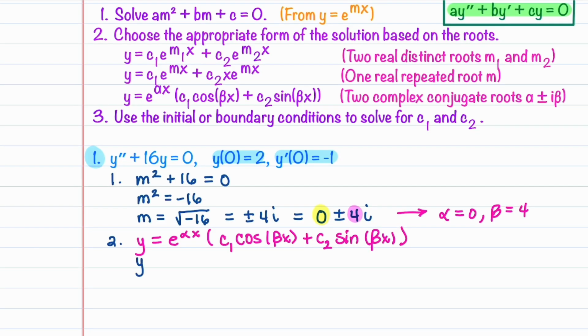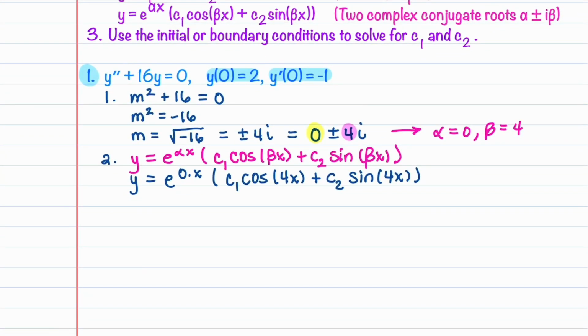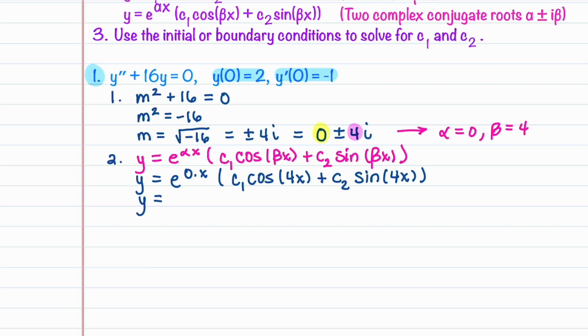So our solution is y is equal to e to the 0 times x times c1 cosine 4x plus c2 times sine 4x. This gives us y is equal to e to the 0, which is just 1. So we have c1 cosine 4x plus c2 times sine 4x. Our third step is to use the conditions that we've been given to find c1 and c2.